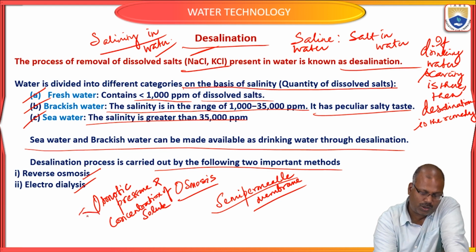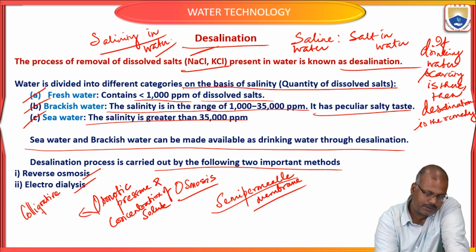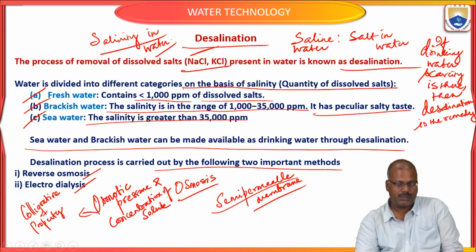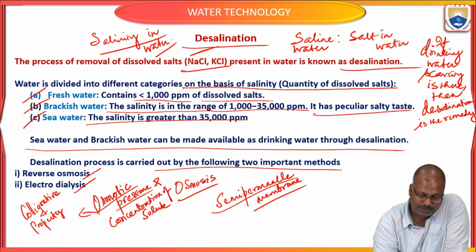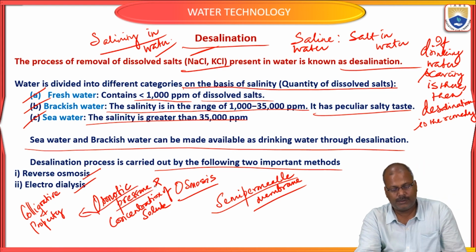We call them colligative properties. Colligative property means a property which depends on the amount of solute. So osmosis is a colligative property.